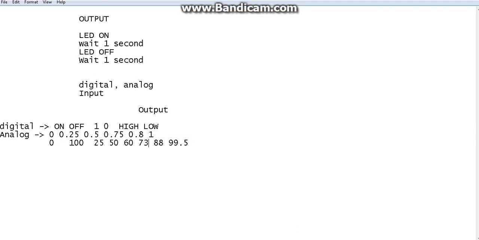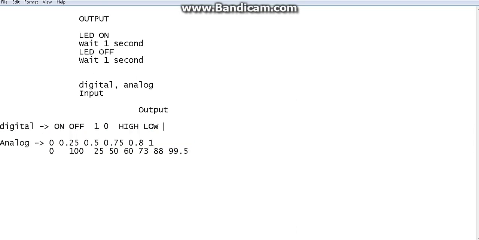Okay, so for digital inputs or outputs, what can be the examples? For the moment we will talk about the outputs. So what can be the examples for digital outputs or digital signals? You may know your house switches. Your switch is there, right? Switch and bulb. So what are the two possible states of them?